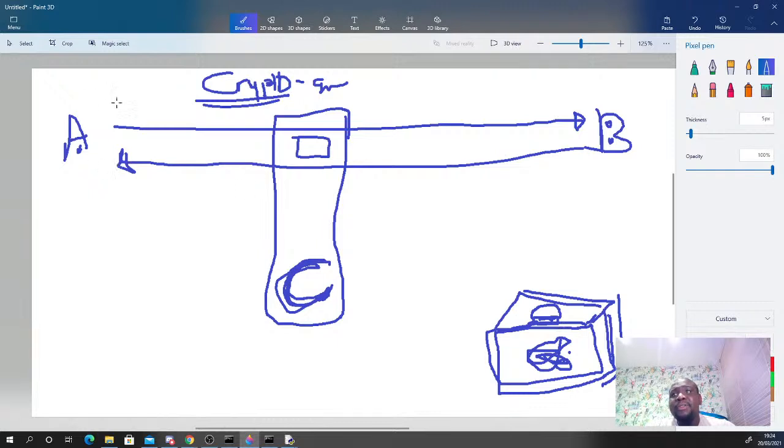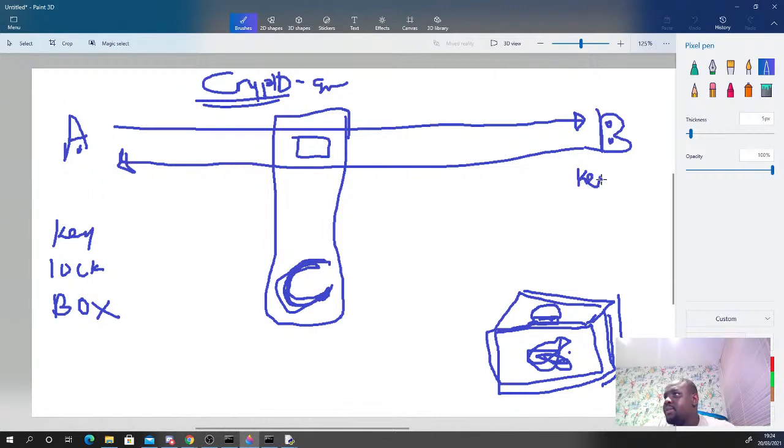So the first thing we're going to do is that B and I will each buy a box and a lock. The lock has a key, and we have a very strong box that C cannot open.